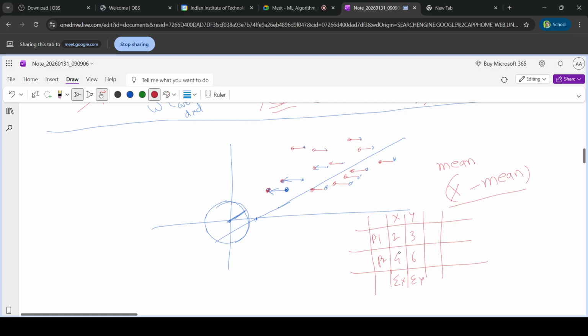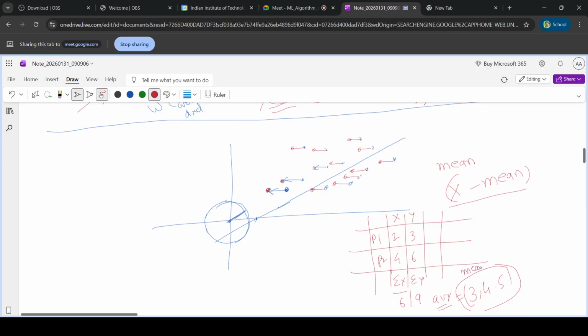For example, with these two points, the sum of x is 6 and the sum of y is 9. It's not a good example, but I am simply taking two values. The average of x is 3 and the average of y is 4.5. This is the mean value of the data.